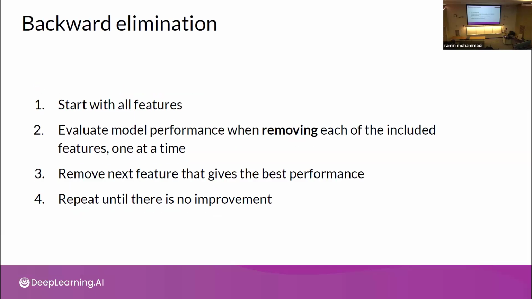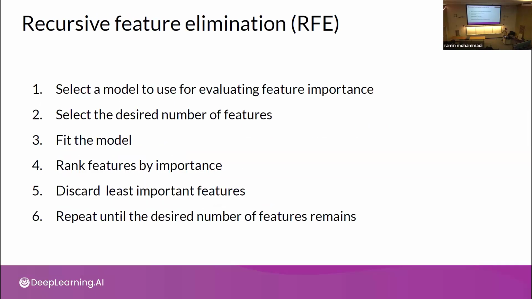In backward elimination, you start with all the features and you go one at a time, and you keep eliminating features until you get to a subset where you say, okay, we are good. The last one is recursive feature elimination, RFE. The idea here is that you select a subset, build a model, review the performance, and rank the features. This technique is only applicable if the model you use can give you a feature rank.